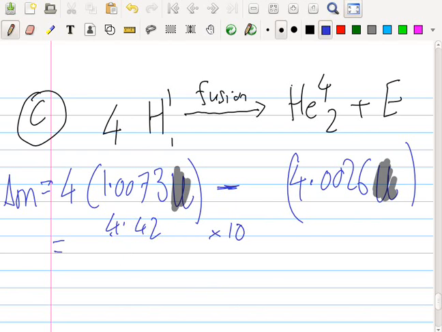Can we just express it in terms of U? No, because in the next part you need to have it in kilograms for the next formula. So first you can express it in terms of U and then in kilograms.